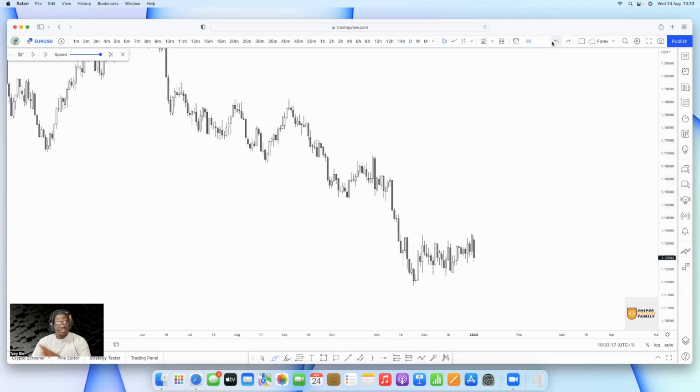So already, looking at this, the structure is going to the downside. You look at all of this because you want to position yourself. With longer term trading, if you want to swing trade, you should be looking for sell opportunities because the market is going to the downside.